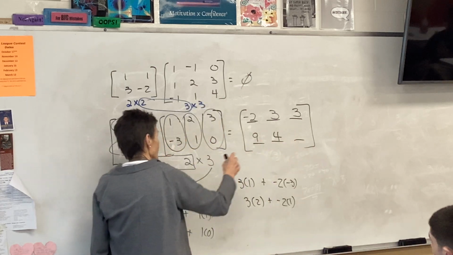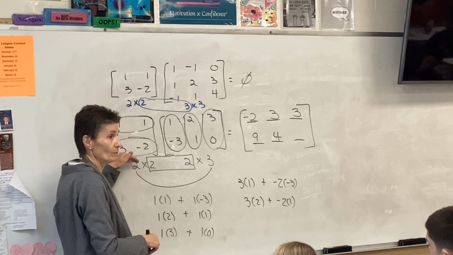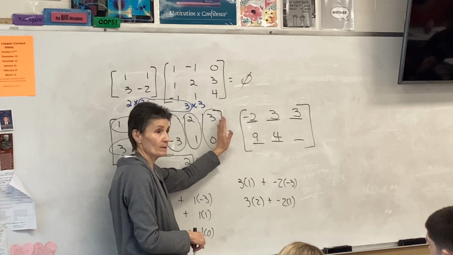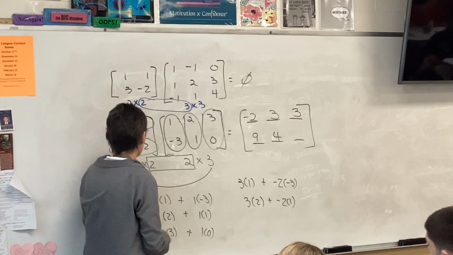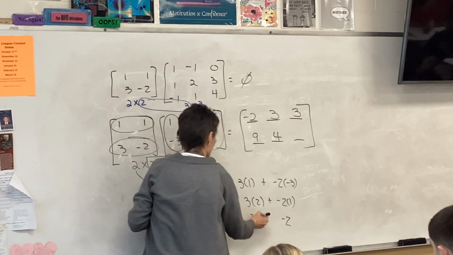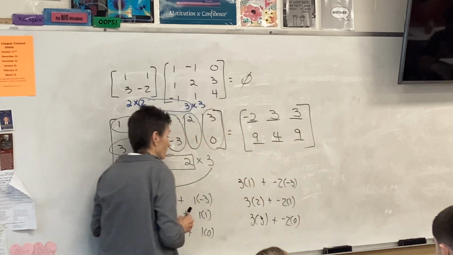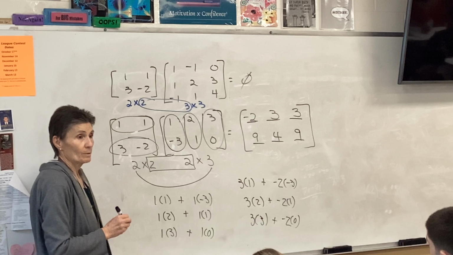And finally, the last spot here is in row 2, column 3. So 3 and -2 again, and then 3 and 0. And we're done.